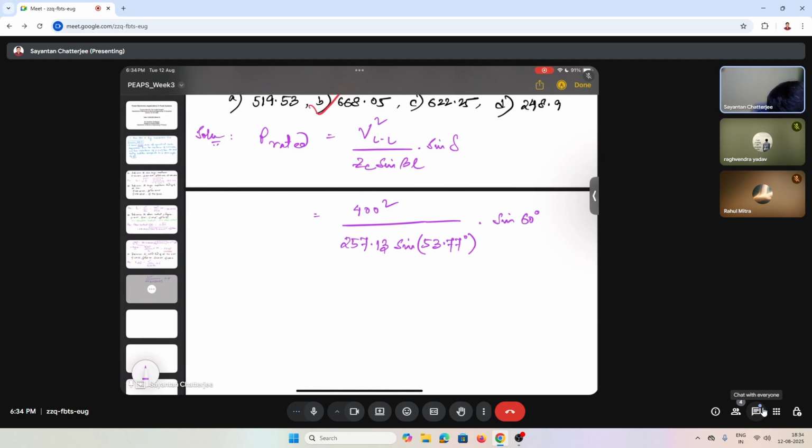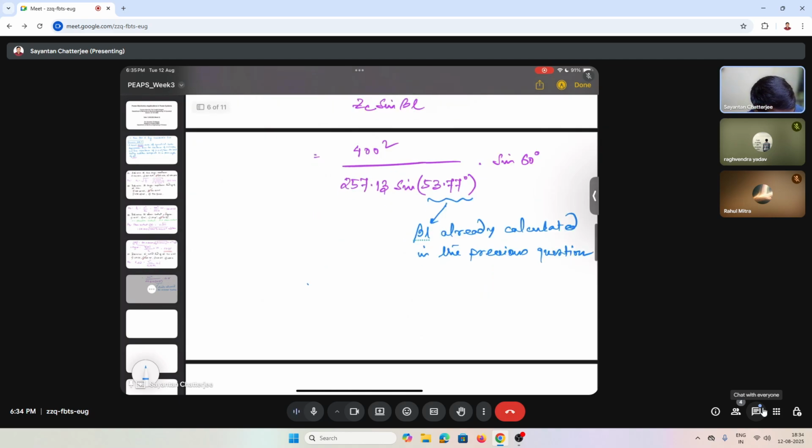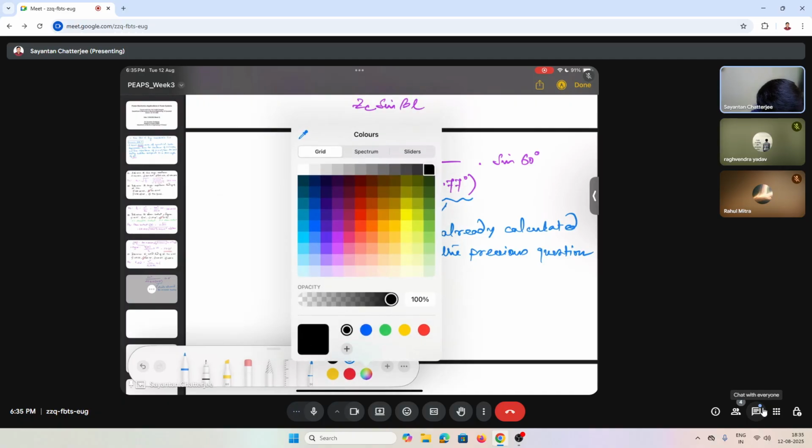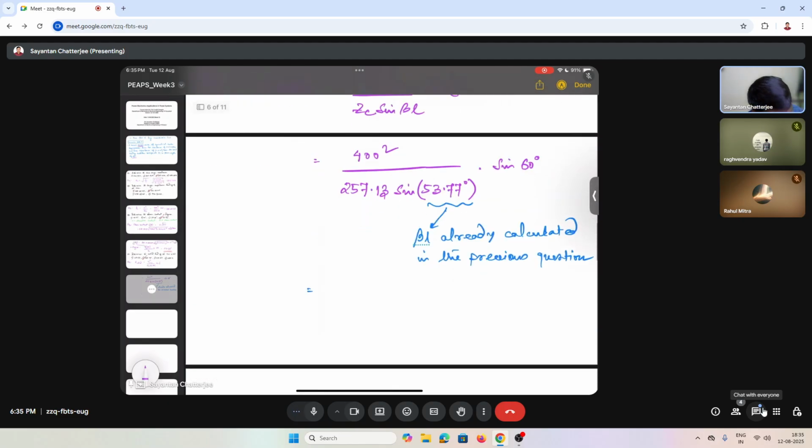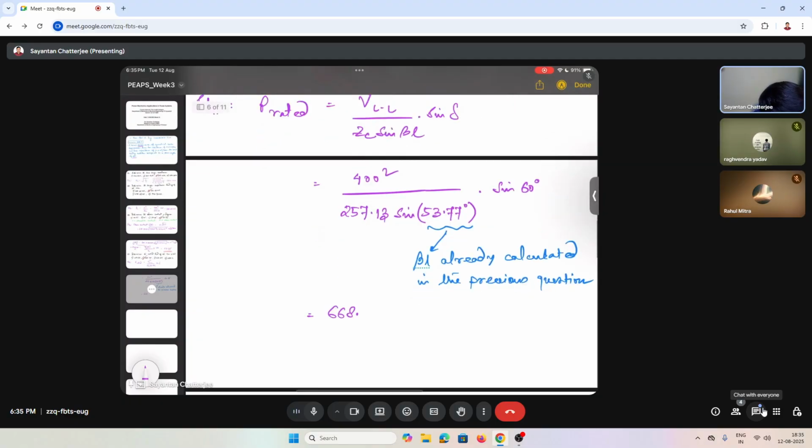So once beta L is calculated, using the calculator, the final value you will get is 668 point something. This is the correct answer.